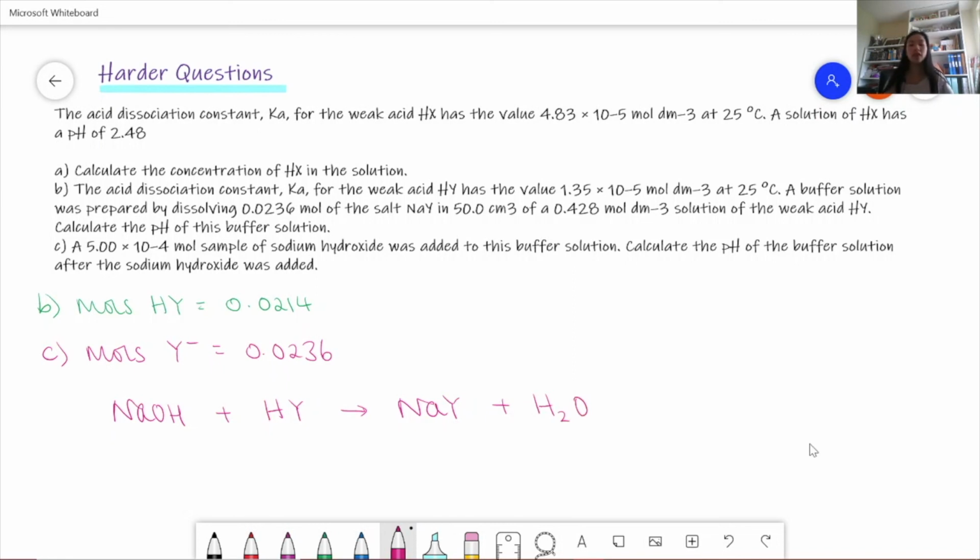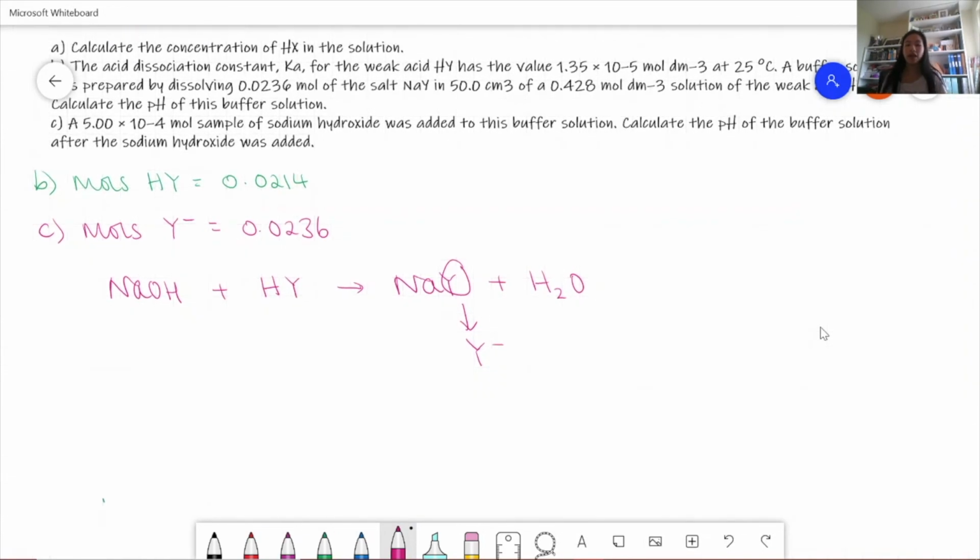And so this forms more of this Y minus. And so we can see from this equation that the concentration of HY will decrease because we're using it up to get rid of the extra OH minus ions added with the alkali. And the concentration of Y minus will increase because we're producing more of it.